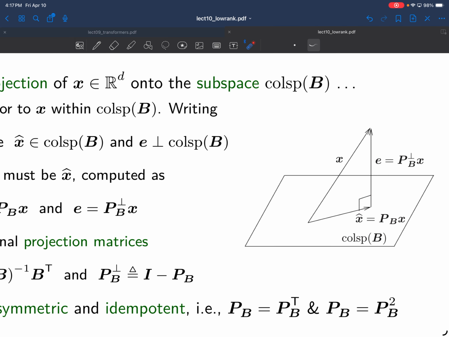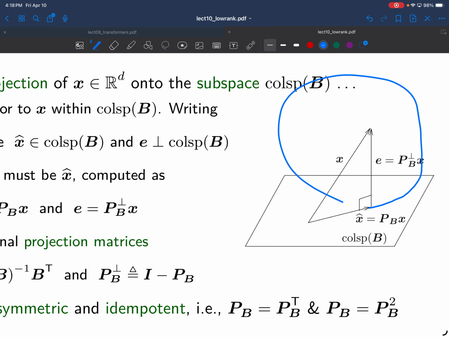Imagine I start with x, and centered at x, I put a small sphere there. I keep blowing the sphere up larger and larger until I get to the point where it first touches the plane. At that point, I have a sphere that touches the plane exactly here.